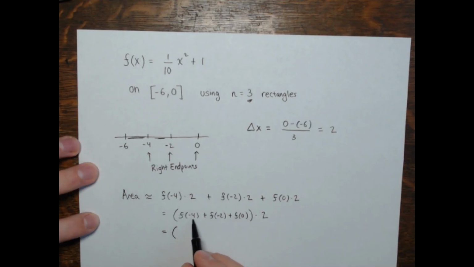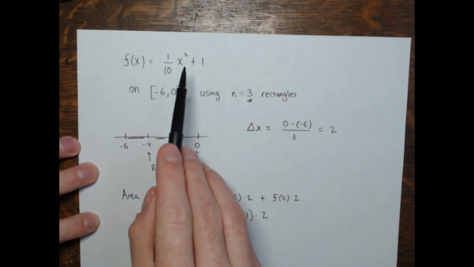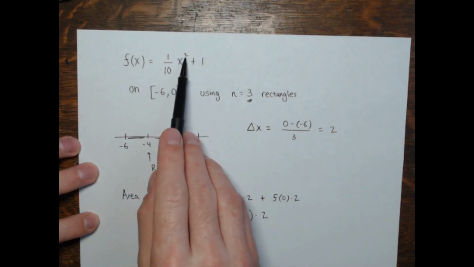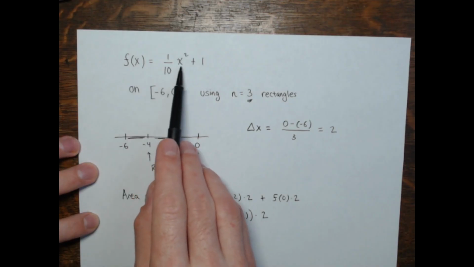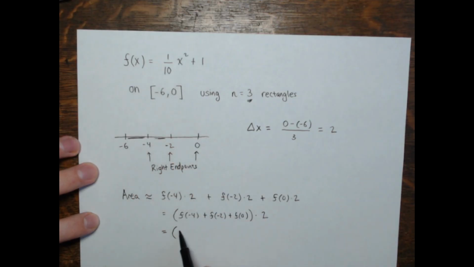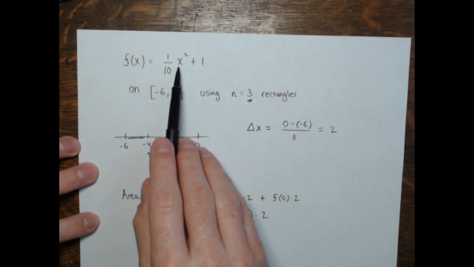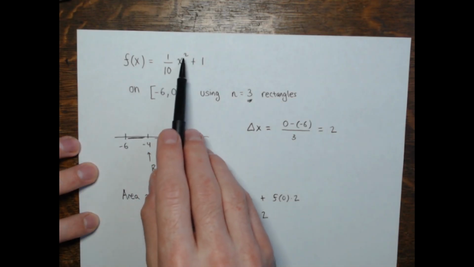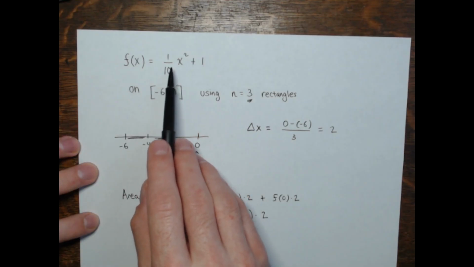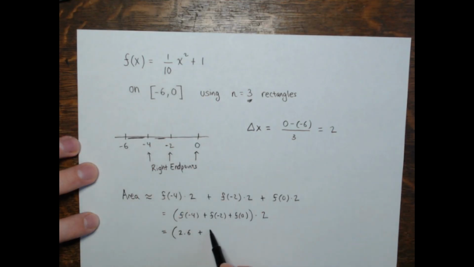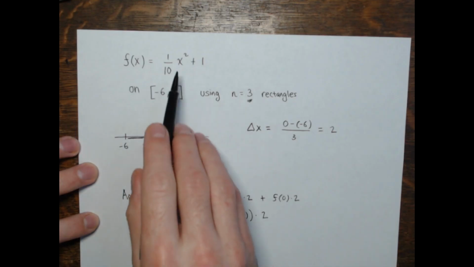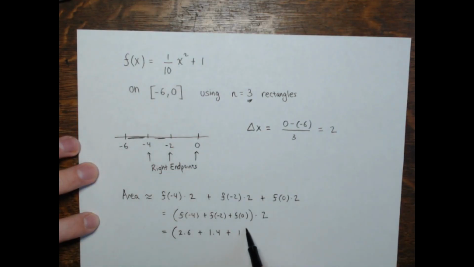Now the value of f at -4: -4 squared is 16, divided by 10 is 1.6, plus 1 is 2.6. I'm going to use decimals for right now. Plus the value of f at -2: -2 squared is 4, 4/10 is 0.4, plus 1 is 1.4. And then f at 0 is 1.